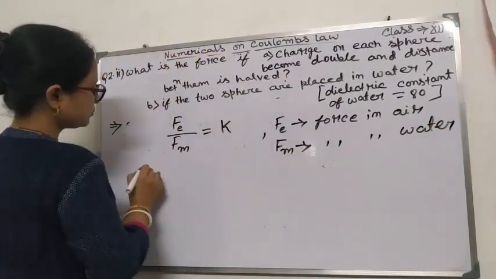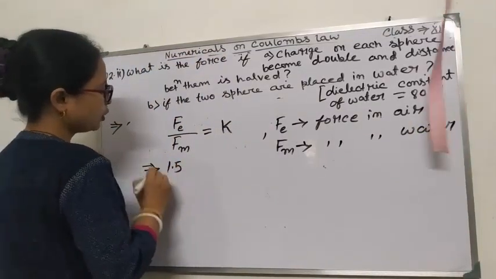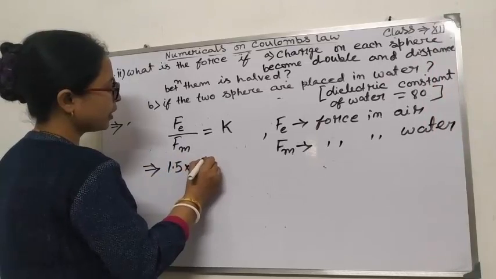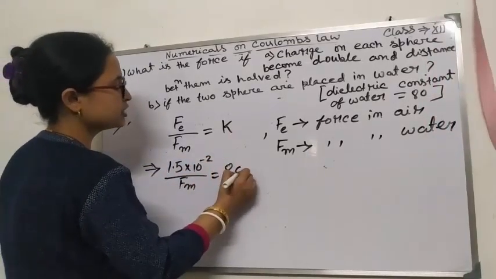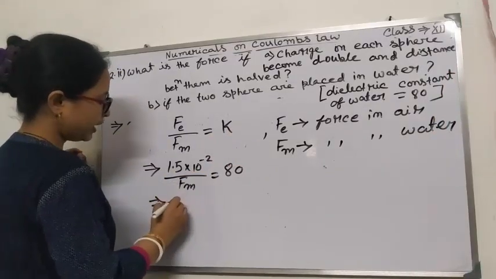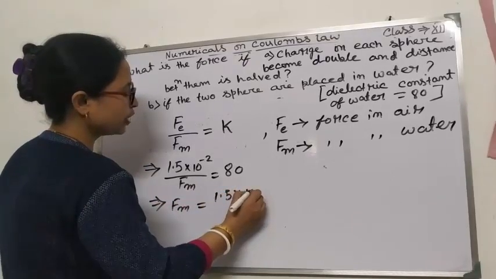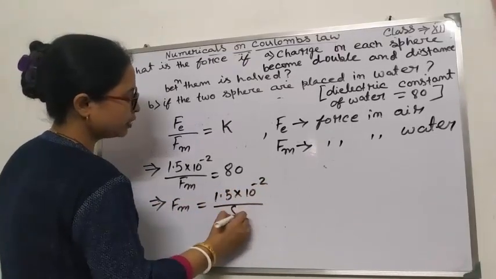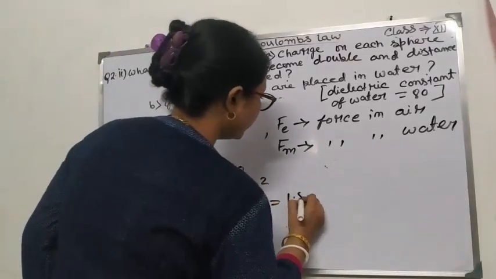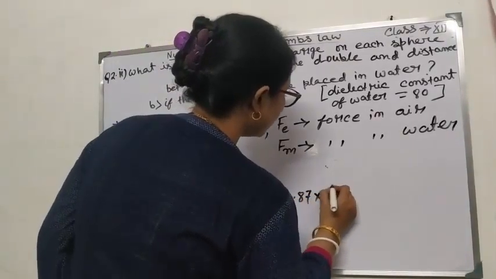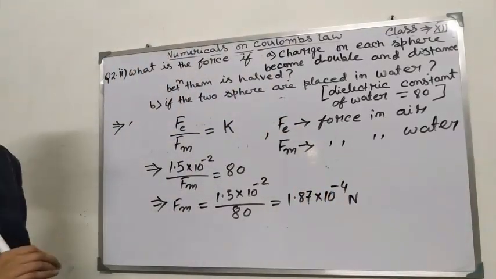Clear? Fe we have already found, 1.5 into 10 to the power minus 2. Fm you have to find, and the dielectric constant is given as 80. So Fm is equal to 1.5 into 10 to the power minus 2 divided by 80. Whenever you solve this, you will get 1.87 into 10 to the power minus 4 Newton. Clear? So you can take a screenshot of this.